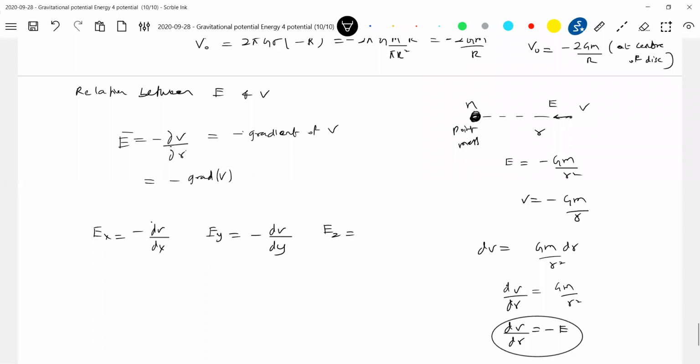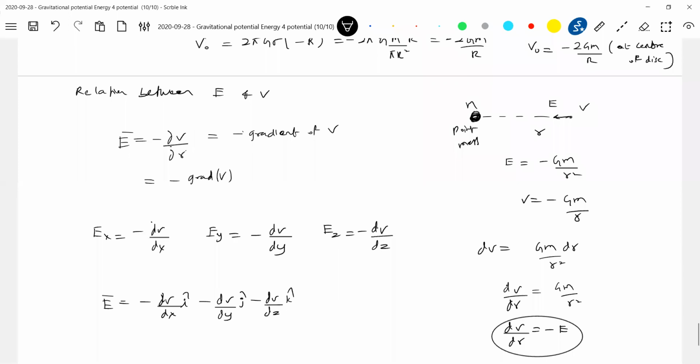If you know the potential, differentiate with respect to z, and you'll get the z component of the field. Like this, all are interrelated. So what is the expansion of this? E bar should be equal to minus dV by dx i cap, minus dV by dy j cap, and so on. This is the expression for gravitational field strength.